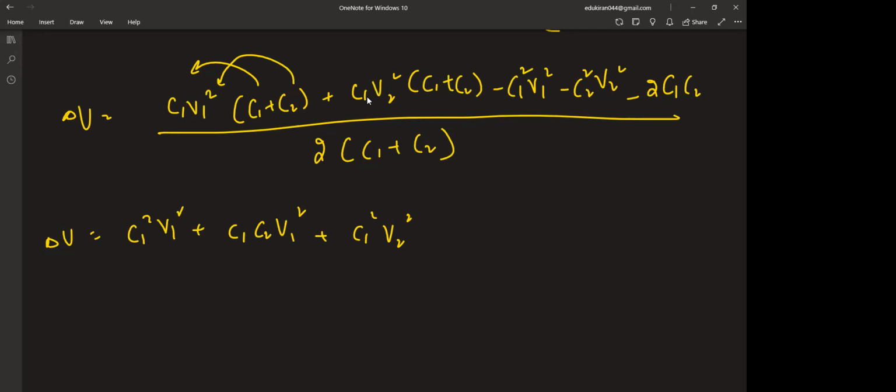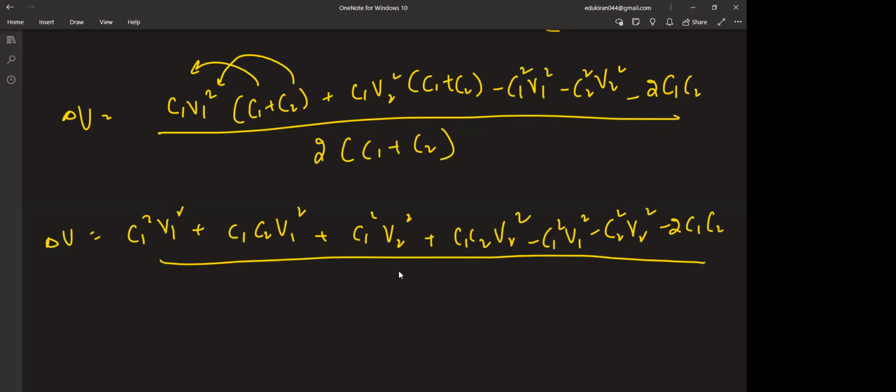C1 whole square V1 square, yes. And then this becomes plus C1 C2 V2 square. Minus C1 square V1 square, minus C2 square V2 square, minus 2 C1 C2. This was already left. Please class, practice this derivation, I will suggest you. This is actually not difficult.